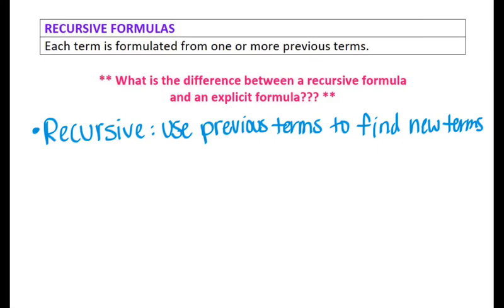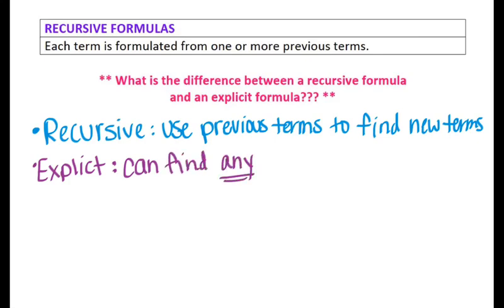For an explicit formula, explicit formulas allow us to find any term of a sequence just by knowing the term number. So you can find any term by plugging in n.